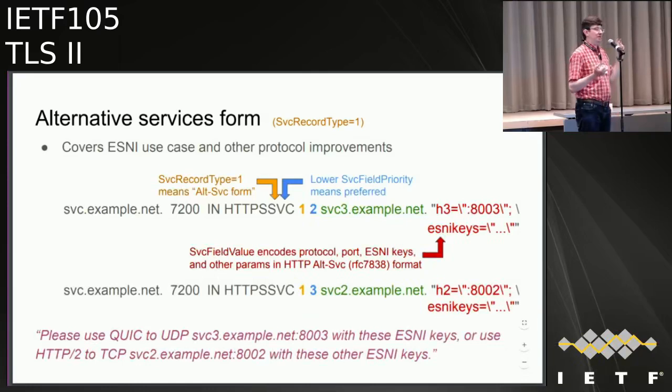The top line here would say that if you're trying to get to svc.example.net, you should use svc3.example.net over QUIC to port 8003 with a particular set of ESNI keys. Or you could use svc2.example.net over HTTP2 on a different port, with potentially a different set of ESNI keys. Next slide.